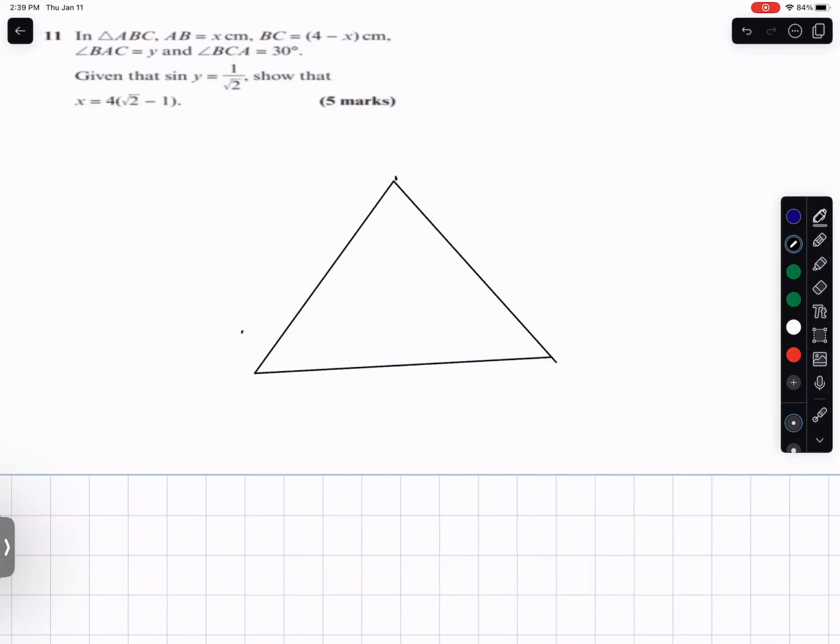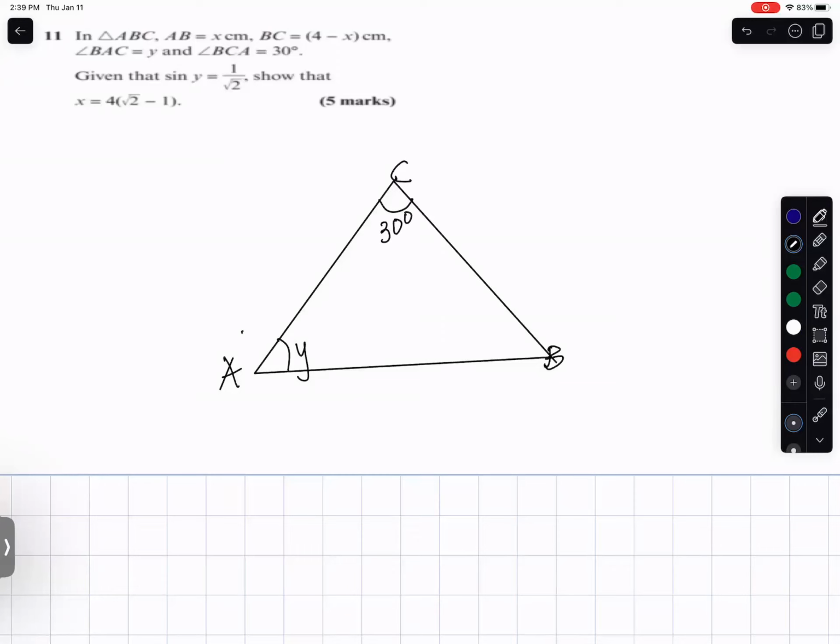So I have triangle A, B, C. So I have our angle at A as Y, and BCA as 30 degrees.